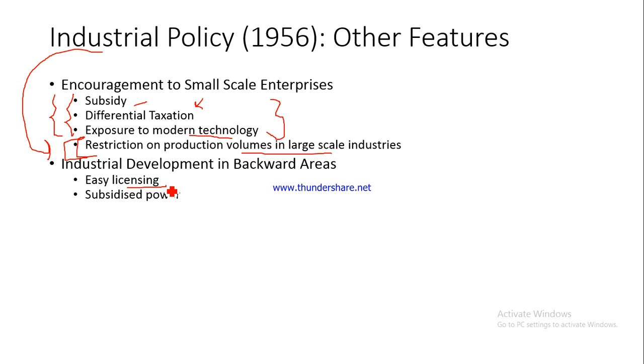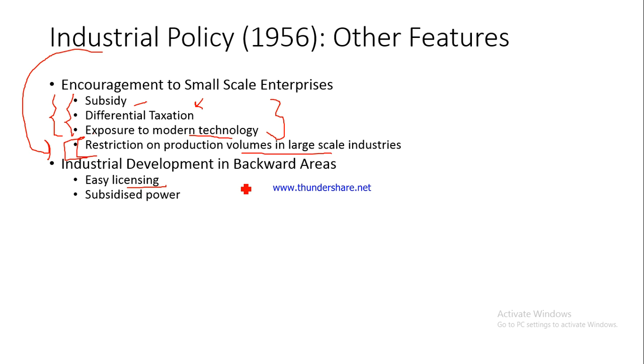So the licensing provisions would be relatively easier to comply with, and then such units which are being opened up in these backward areas, and the backward areas were basically defined by the government. So which areas can be termed as backward, this had to be basically defined by the governments.